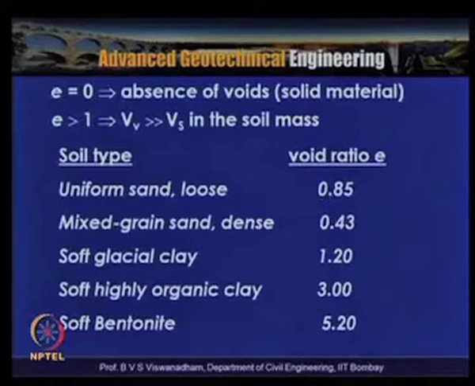For a glacial clay, the void ratio can be up to 1.2. Soft highly organic clay, which has organic matter, can have a void ratio up to 3.0. In the case of soft bentonite, the void ratio can be as high as 5.2.